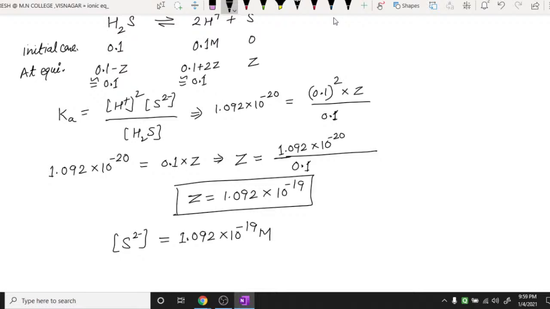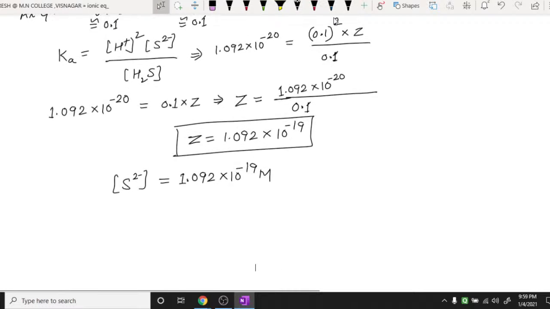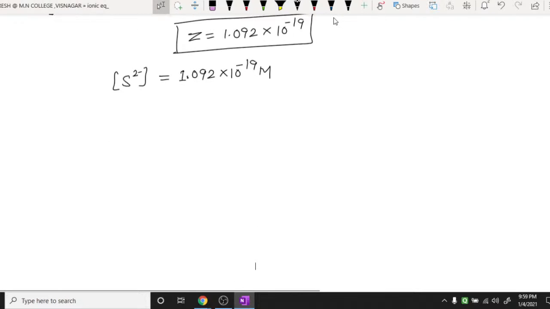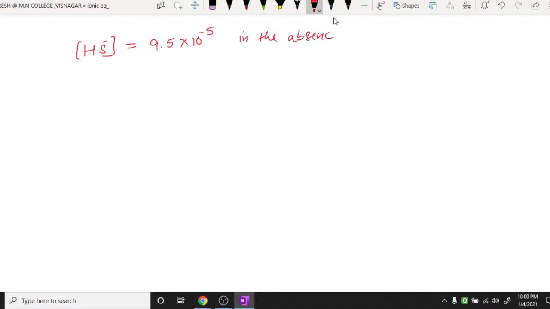See, now let us see the difference. In first case, HS negative ion concentration, that was 9.54 into 10 raised power minus 5 in the absence of 0.1 molar HCl.